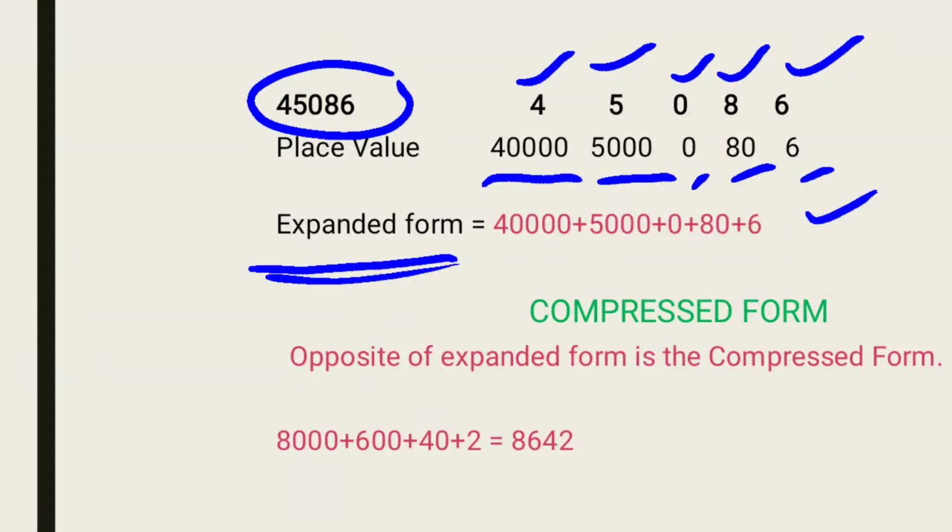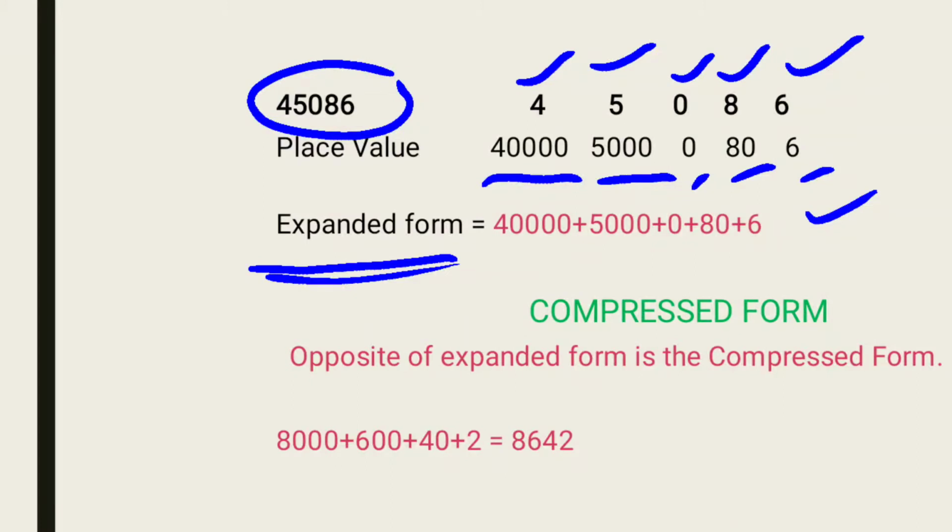Now one last term is compressed form. Simply, the compressed form is just the opposite of the expanded form. In expanded form we have written separate place values and we are adding them. In compressed form we will find the sum of all those expanded form numbers.